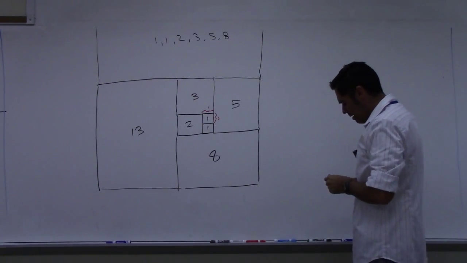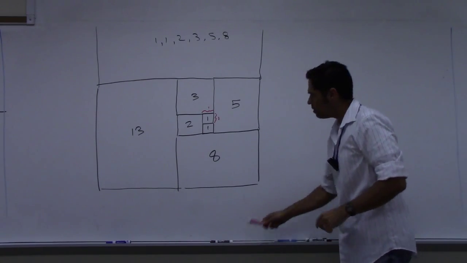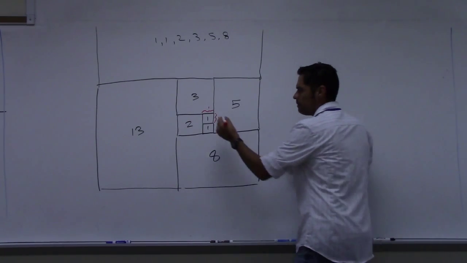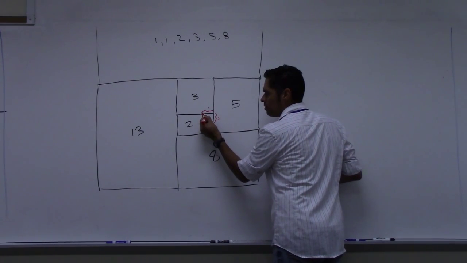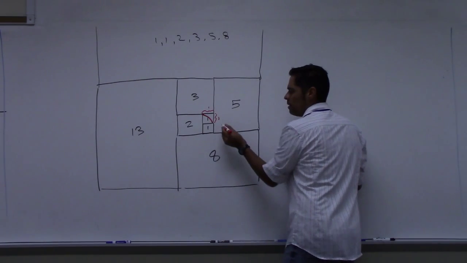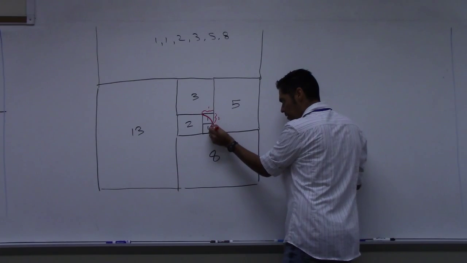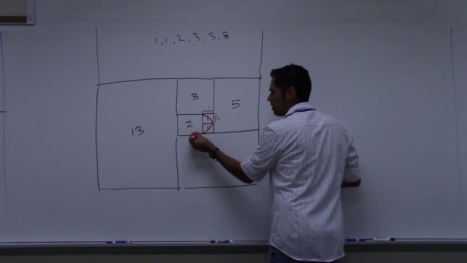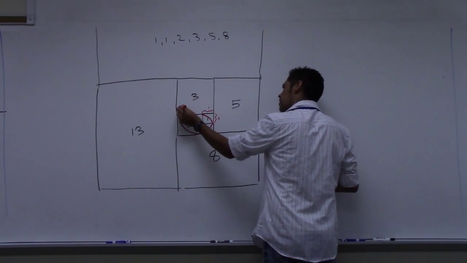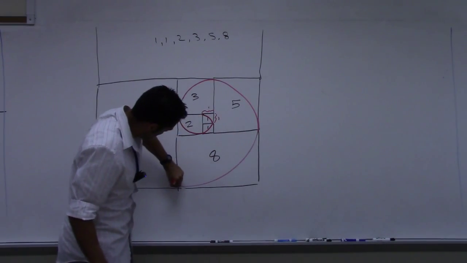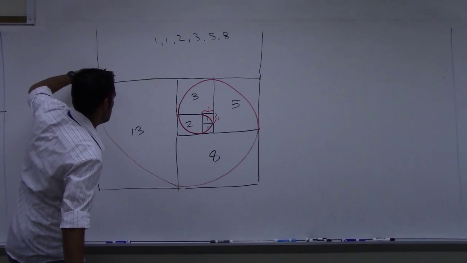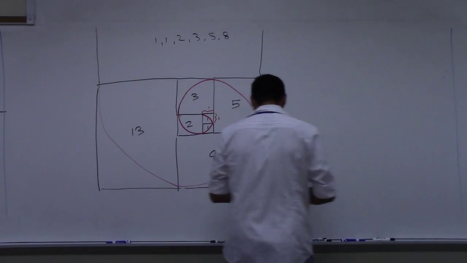So if you start out in the first square, the first corner here, and you connect an arc swinging to the opposite corner, and then from that to the opposite corner, and so on, you create the golden spiral.